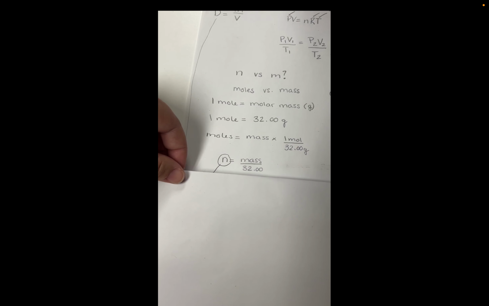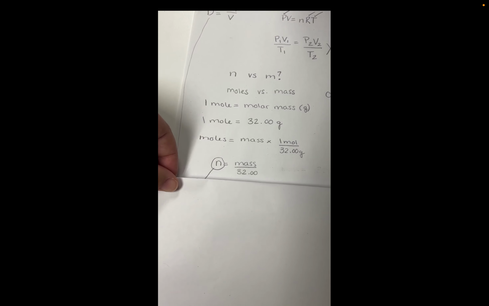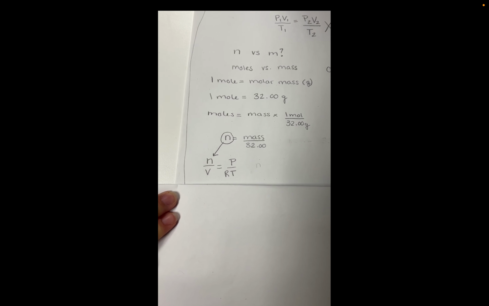Now I have to figure out a formula for connecting mass and moles. I know that the moles of oxygen is going to equal the mass of oxygen times 1 mole over 32 grams. So if I solve there for n, my formula for n becomes mass over 32. Now I can plug that n into my ideal gas law that I rearranged.